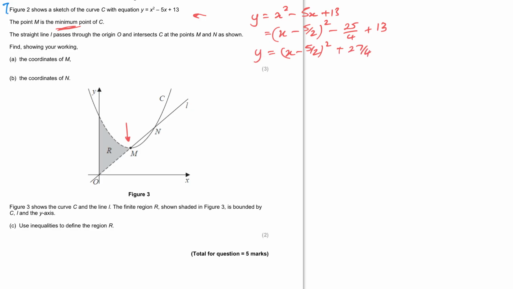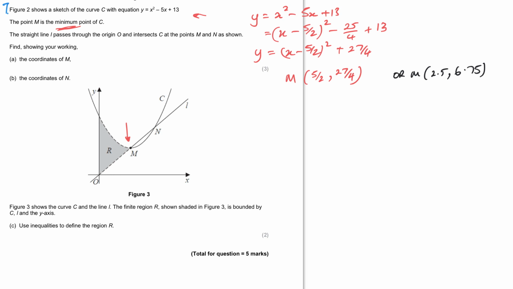And here we have it. So M has got to be the coordinates 5 over 2, 27 over 4, or 2.5 and 6.75 if you did it in decimals.